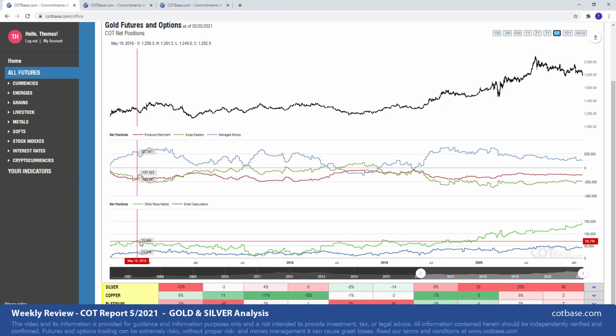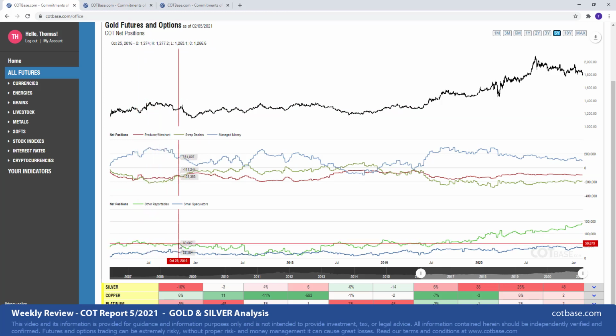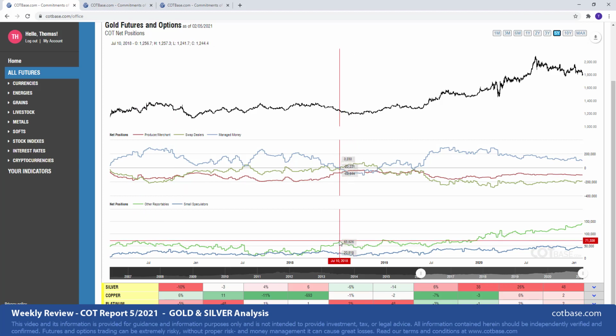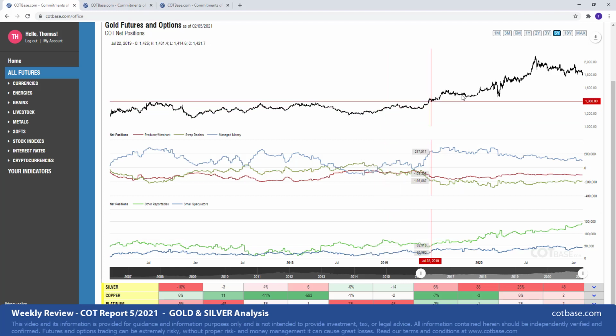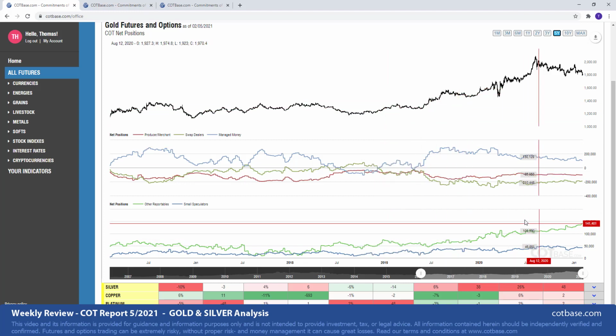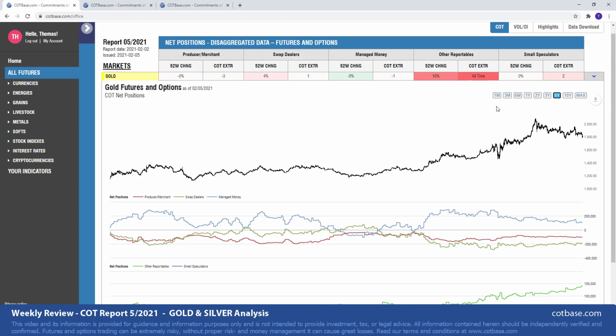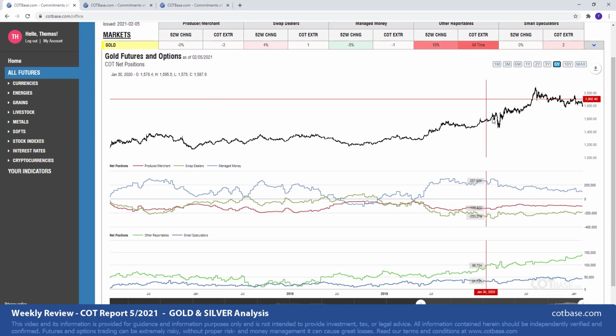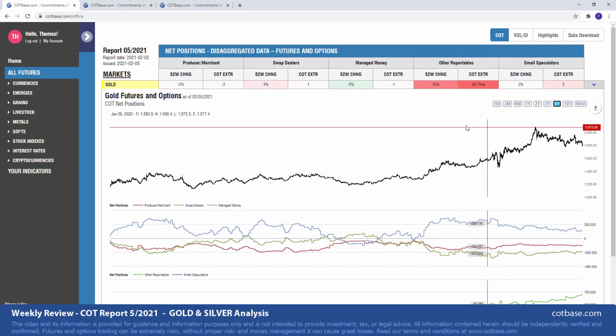They were even more net long over here, or at similar positions, in December of 2018, and you can see the market just went even higher. So yeah, it looks strong, the signal, but you always have to look at who's the major player in the market itself.